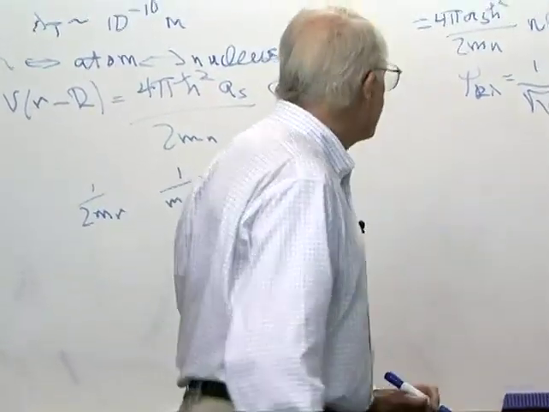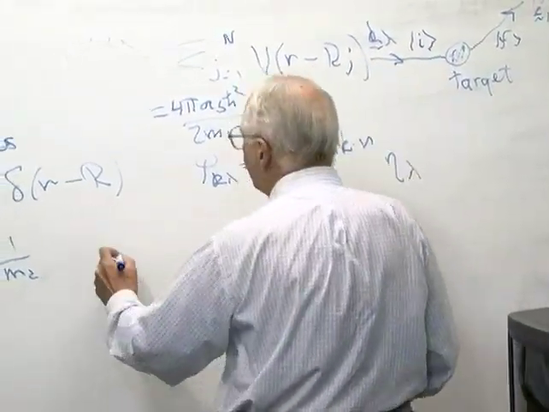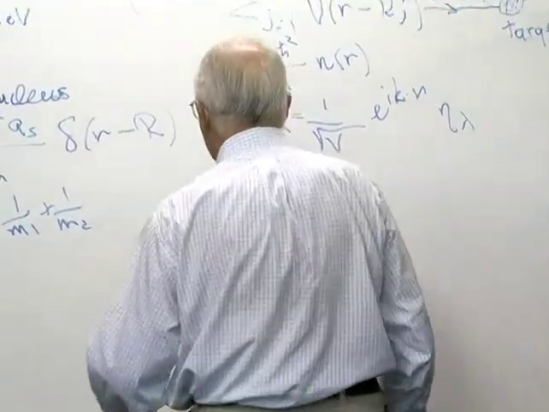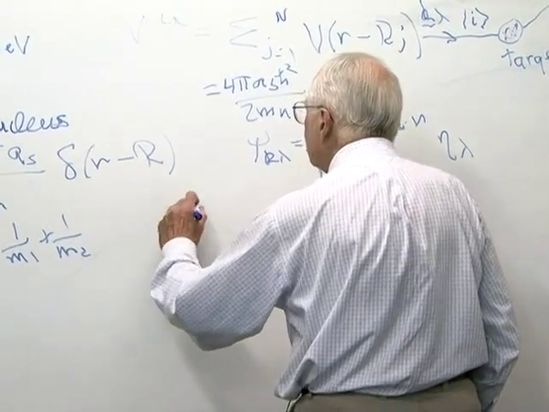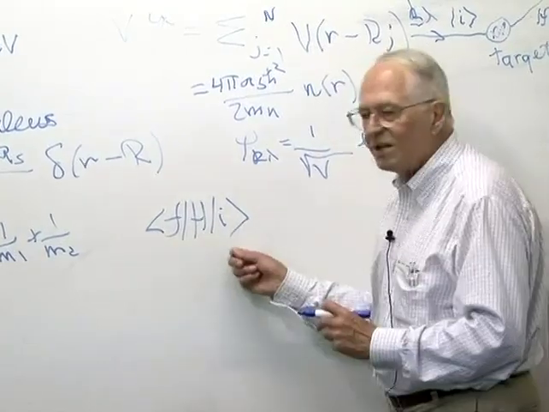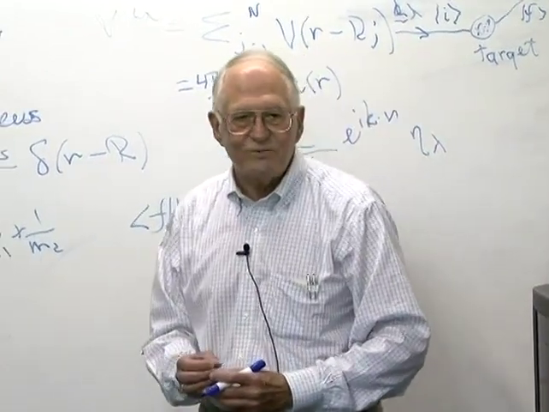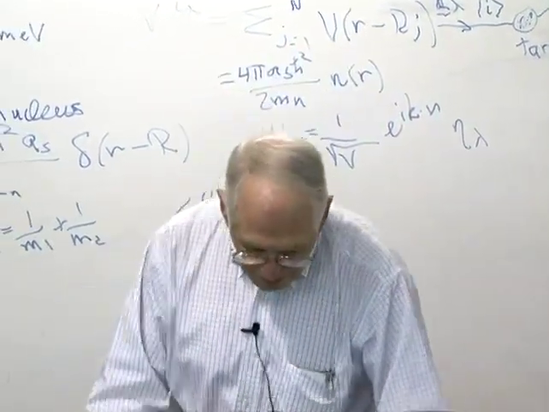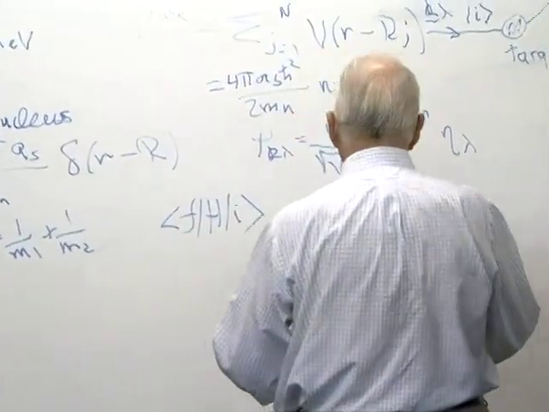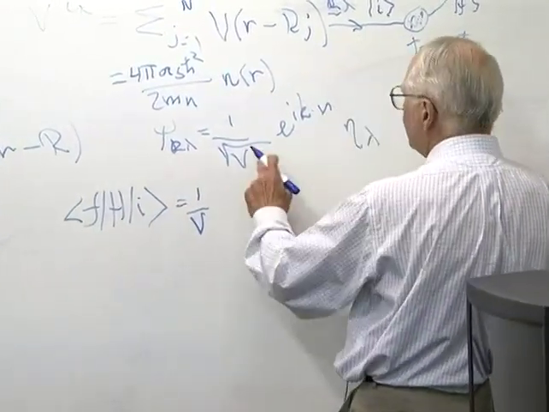Okay? And so, in order to study this transition, we want to study the matrix element, F H I. This is the matrix element that we're interested in, because eventually the square of this is going to determine the rate using Fermi's golden rule. And so this is just putting all these factors together. You get a 1 over V because you get two factors of this wave function.